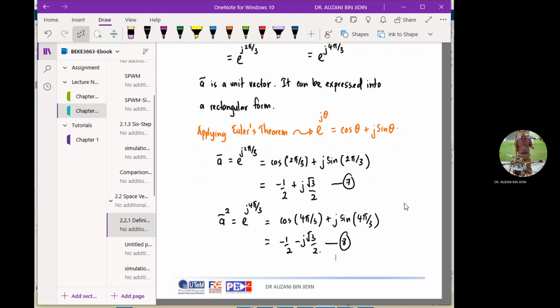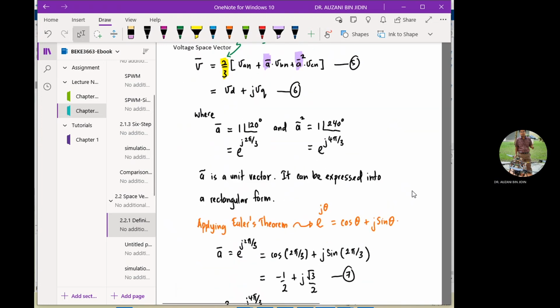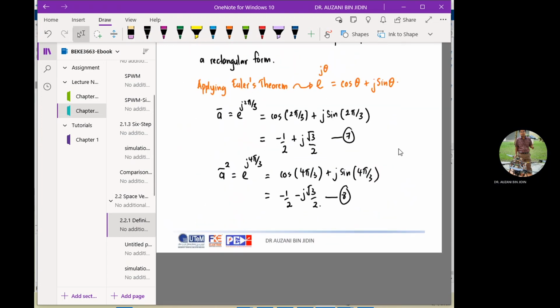Okay, so actually you can sketch the vector component for unit vector of A. So let's say here is the D axis, right? You have D and Q axis. Okay, then you have 3 components. So the one is the real part here is 1.